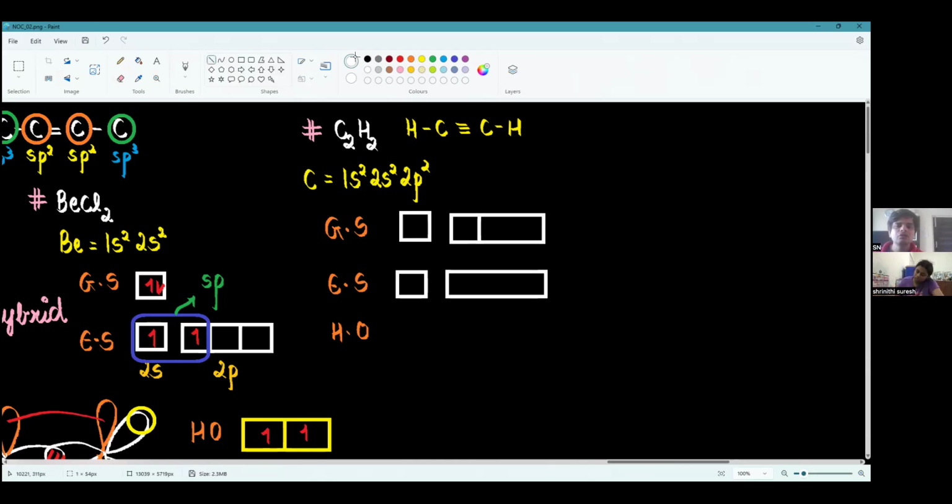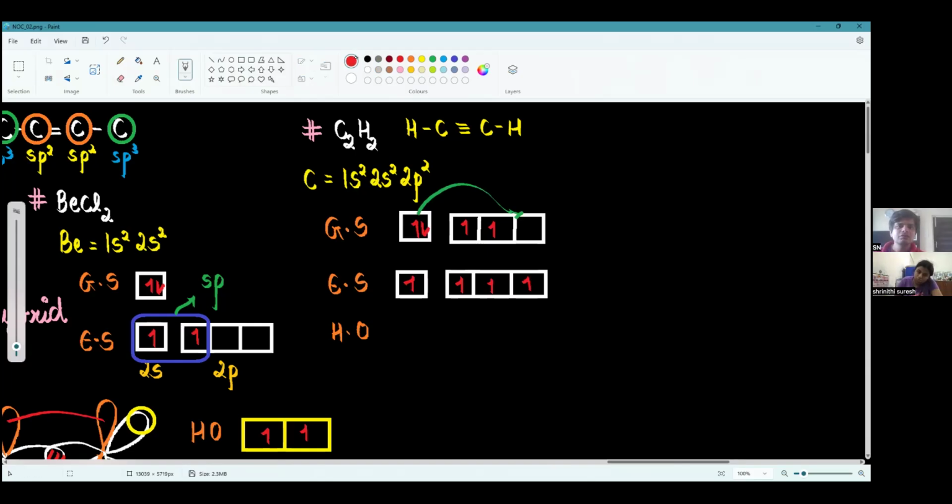So the ground state is 1s2, 2s2, 2p2, and one electron jumps from 2s to 2p.